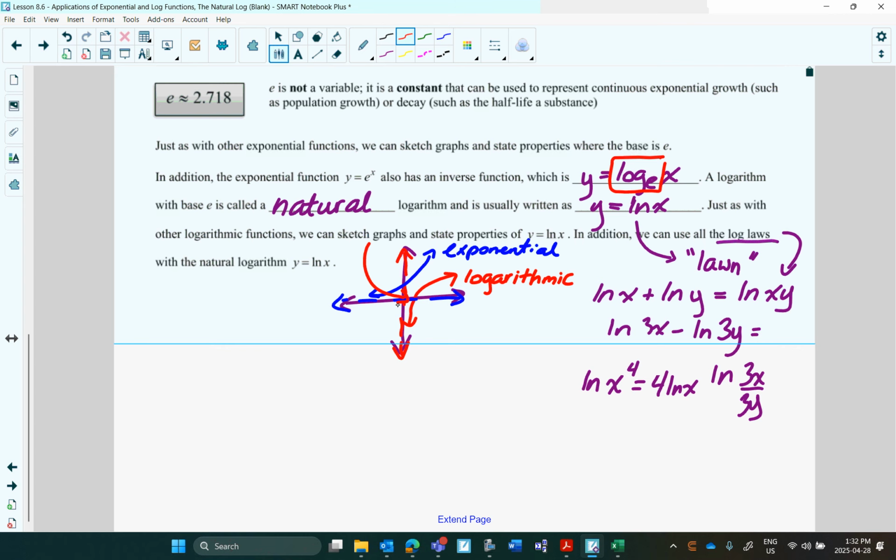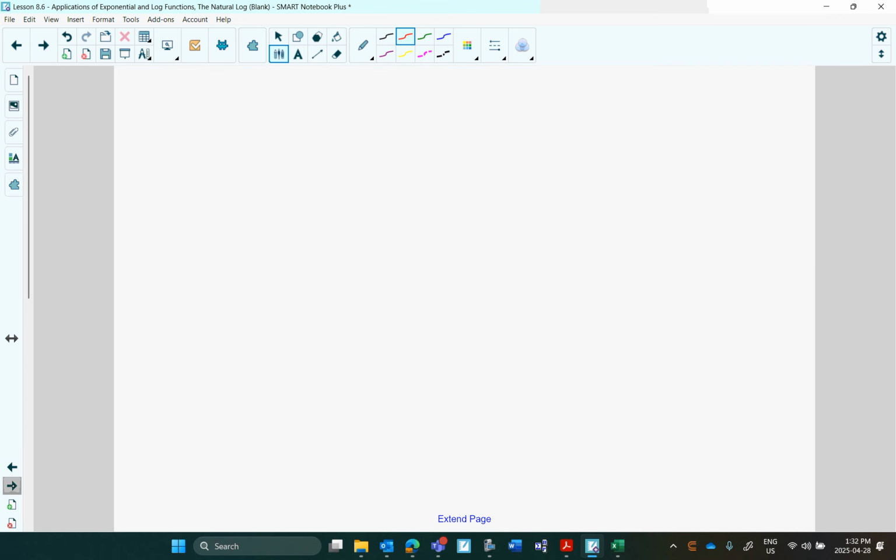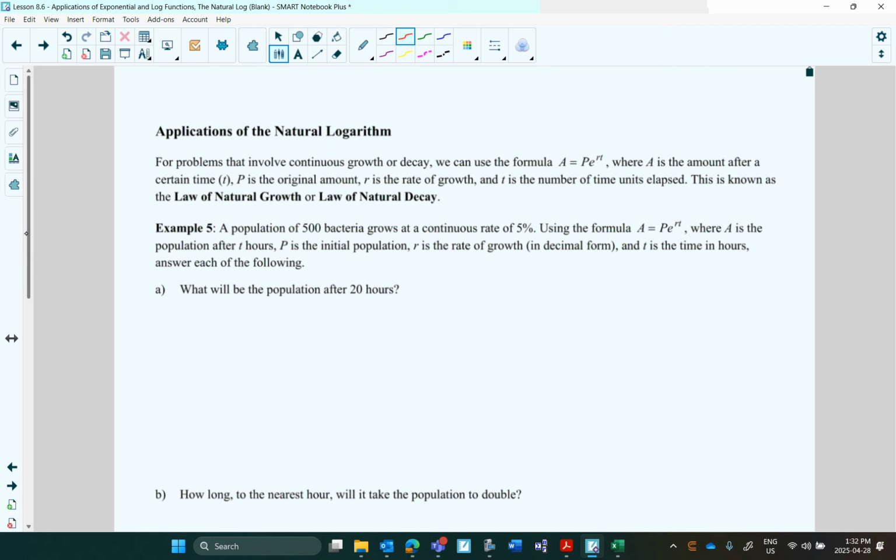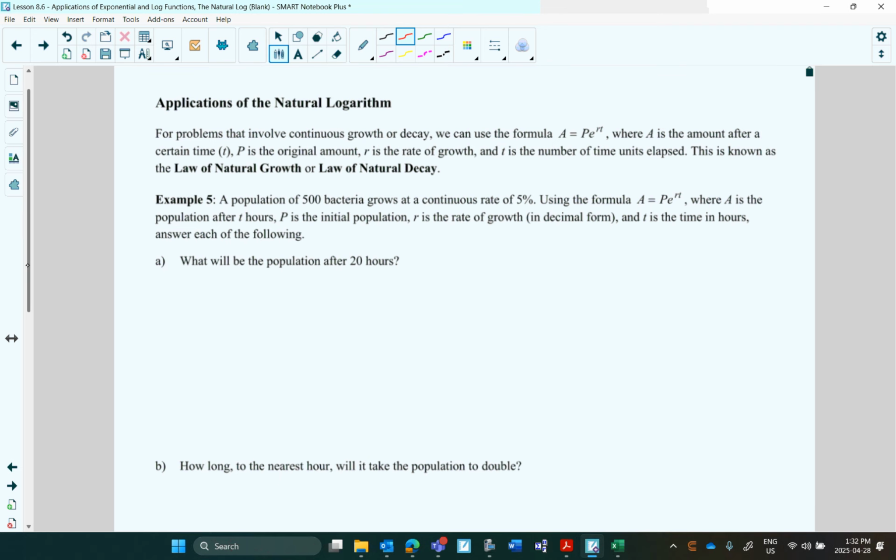Okay, how do we use it? Let's look at a couple of examples. There's a standard formula that we use for continuous growth or continuous decay. Here A is the amount of whatever, money or substance, after a certain period of time.